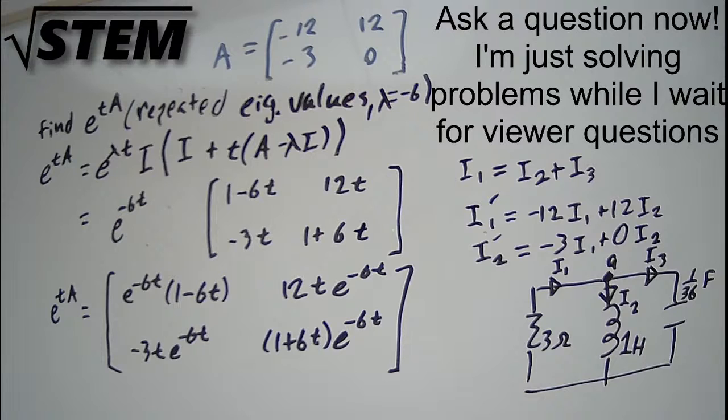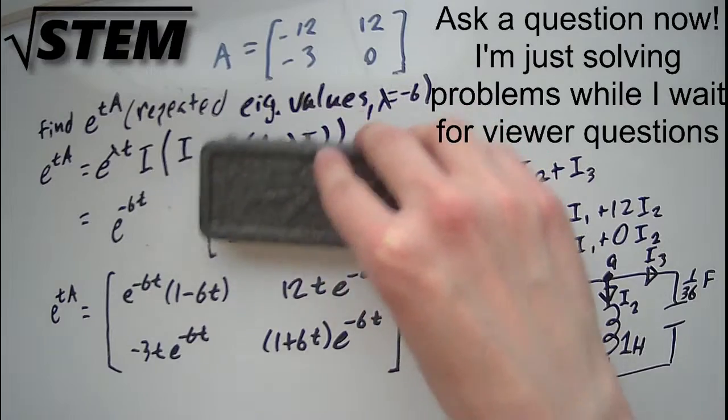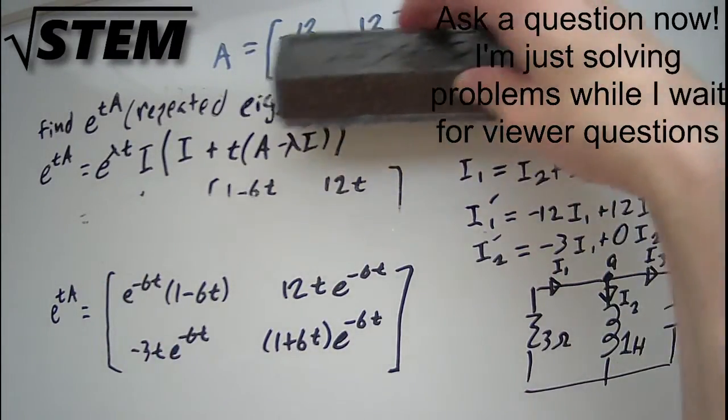Solve the initial value problem consisting of this system with the initial conditions that I1 of 0 is negative 4 and I2 of 0 is 0. Okay. So we'll leave that right where it is. We'll erase everything else up here.